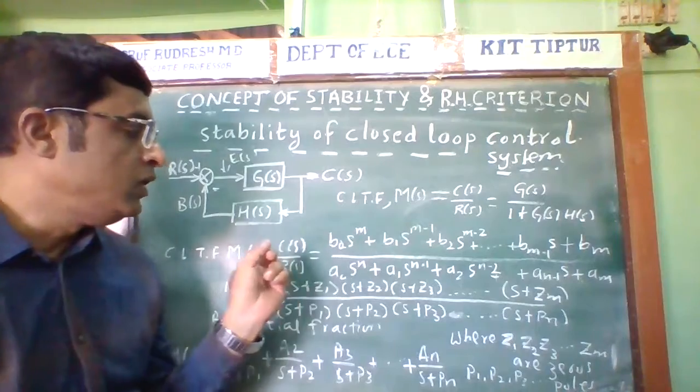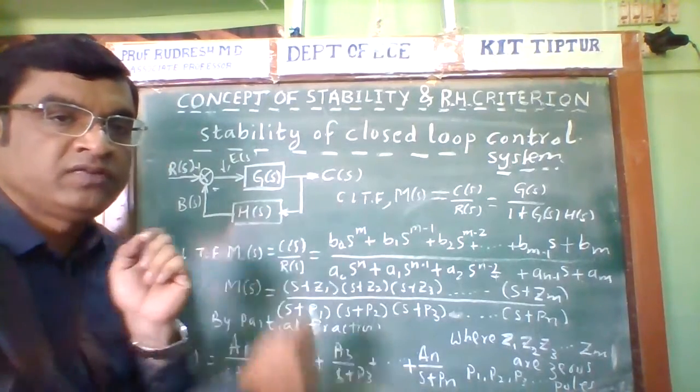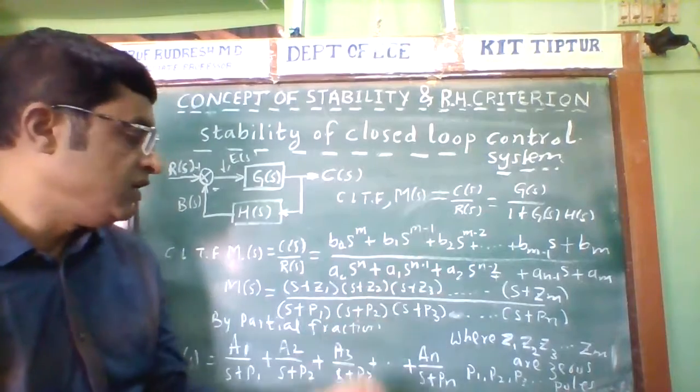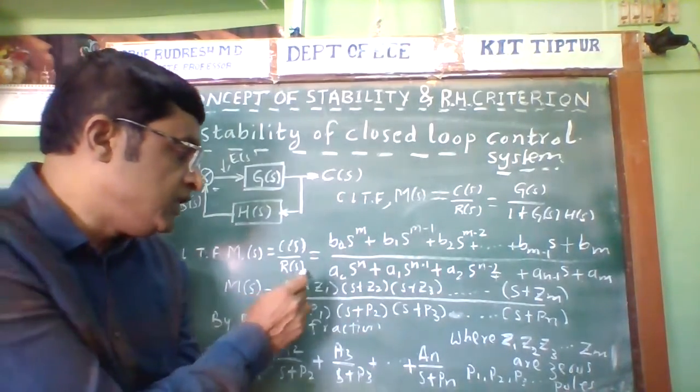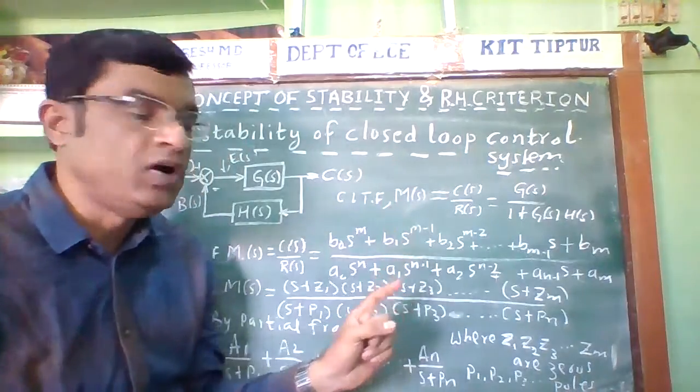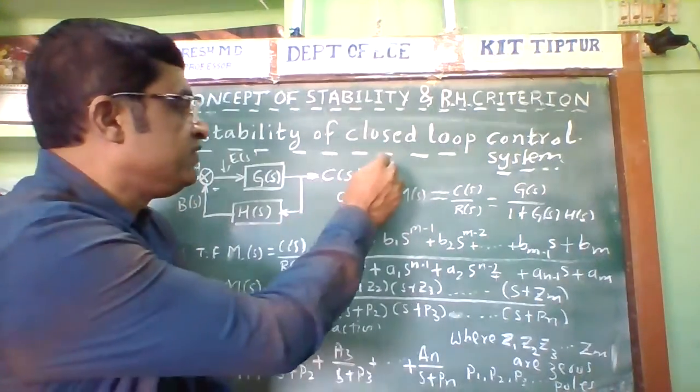The denominator polynomial of the closed loop transfer function is called the characteristic equation of the system. Therefore, we should remember that 1 plus G of S into H of S is the characteristic equation of the system.